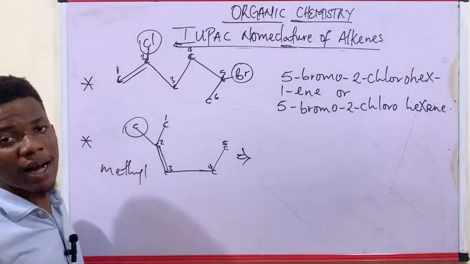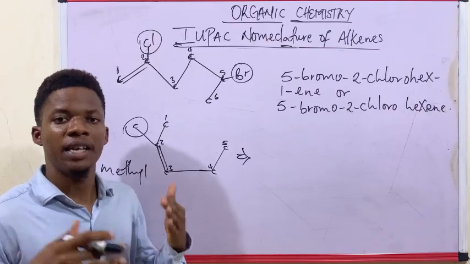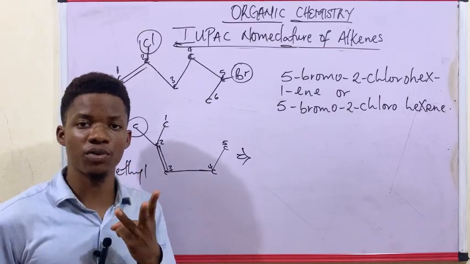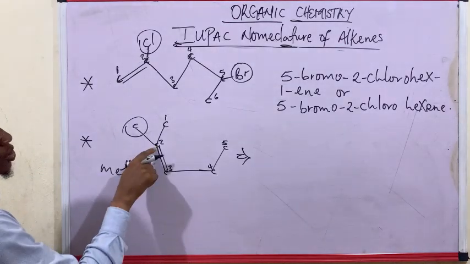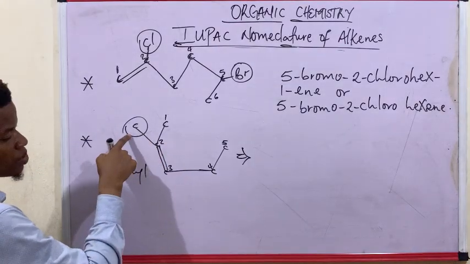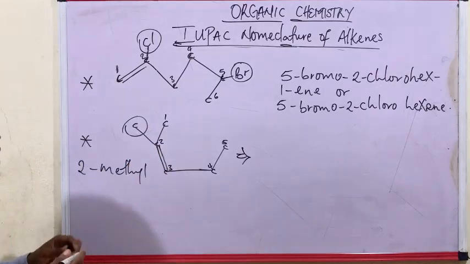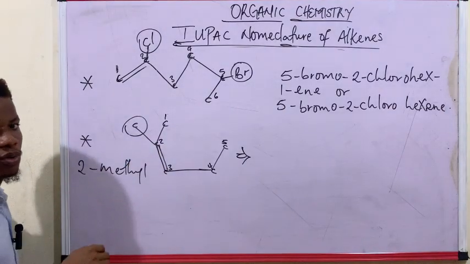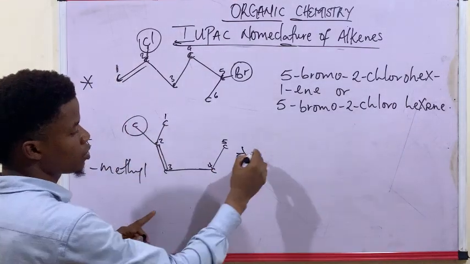When you see only one carbon, it is a methyl substituent. When you see 2 carbons, ethyl substituent. When you see 3 carbons, propyl substituent. Remember our methyl substituent is at carbon 2, so that's 2-methyl.